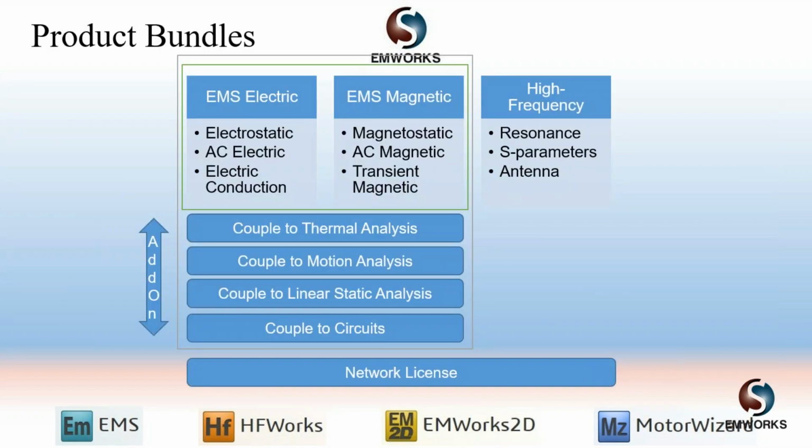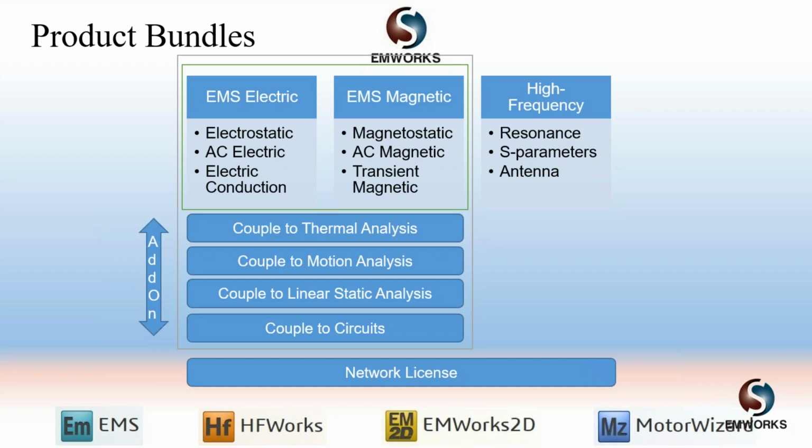Now let us see how EMS products are bundled. If you really look at it, there are two main types of simulation bundling available in EMS: EMS electric and EMS magnetic. The EMS electric contains electrostatic, AC, and electric conduction solvers, and the EMS magnetic consists of magnetostatic, AC magnetic, and transient solvers.